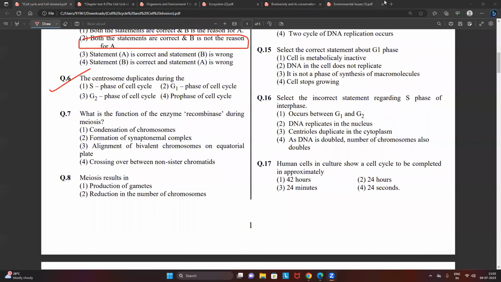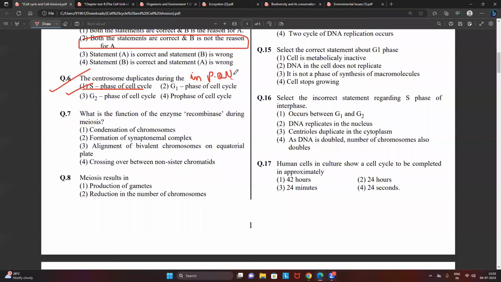The centrosome duplicates during the S phase of the cell cycle. Never ever get confused with that point. Good. Now my question is the same question: the centrosome duplicates during which phase in the plant cell?